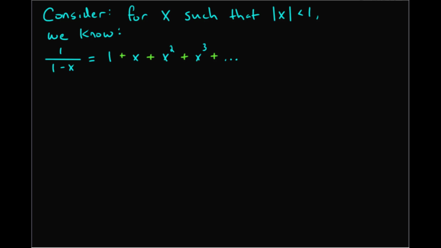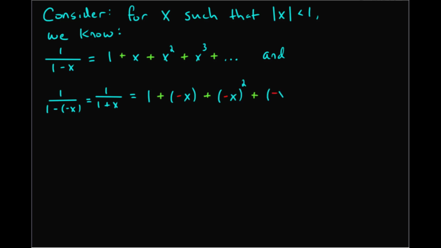And then if we substitute negative x in place of x in this series expression, then we have 1 over 1 minus negative x equals 1 over 1 plus x, which would then equal 1 plus negative x plus negative x squared plus negative x cubed plus negative x to the fourth, and so on. And now, of course, negative 1 to any odd power is still negative 1, while negative 1 to any even power becomes positive 1.